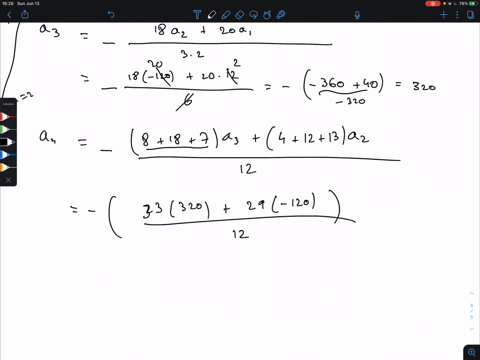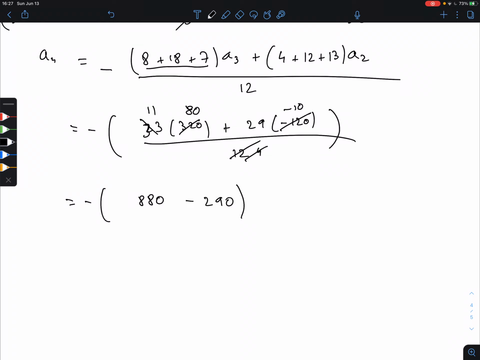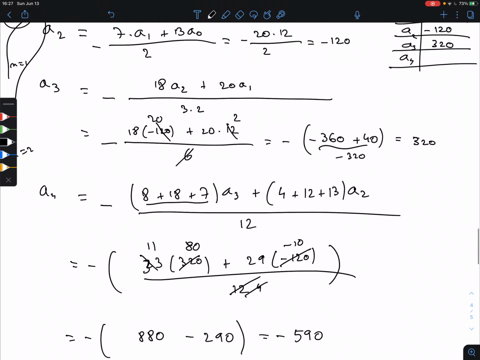There's still a minus sign in front of the whole thing. I can do the division by 12 here. I can divide this factor by 3, that was 11, and then I have 4 left, and then I can divide this as 80. So we find minus 11 times 80, that is 880, minus 290, so that is 590, and there's a minus sign in front of it. So minus 590, I guess.